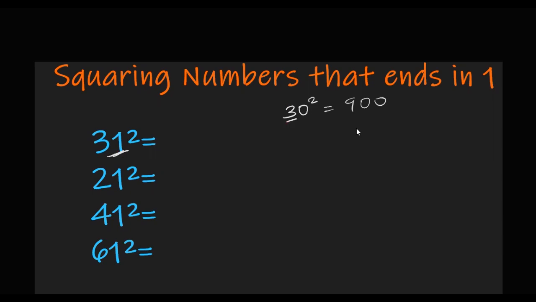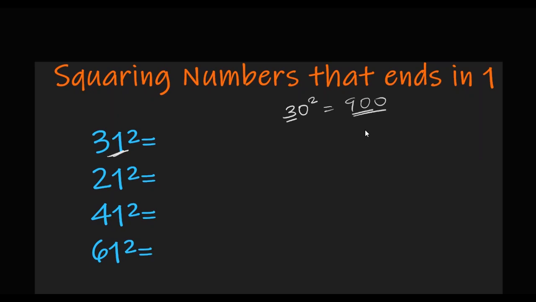So 30 we know. Up to this level, we know what is 30 squared, but we don't know what is 31 squared. But we know that the difference between 31 and 30 is only 1. So what we do, we subtract that 1 from 31 and square it and get this 900.